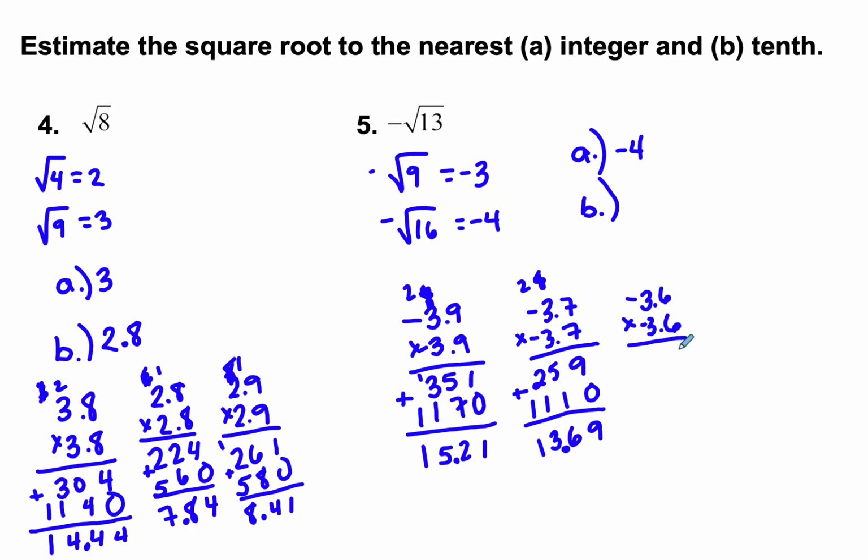So let's see, 6 times 6 is 36. 6 times 3 is 18, plus 3 is 21. Placeholder 0. 6 times 3 is 18. 3 times 3 is 9, plus 1 is 10. Okay, now we see which one is closest.